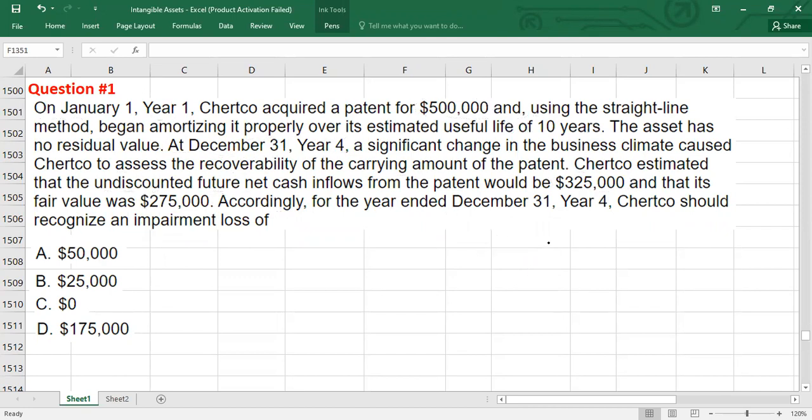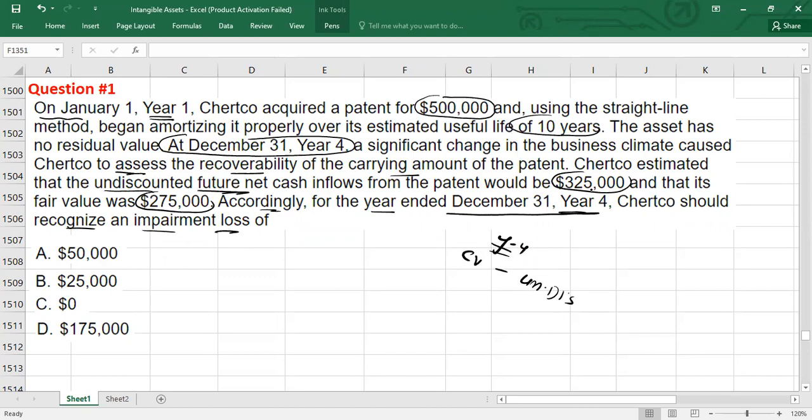Okay, undiscounted cash flows are given here. It's 325,000, and you have to calculate the carrying value. Carrying value, how we can calculate? We need to take a cost of asset, which is $500,000, and minus accumulated amortization for 4 years.